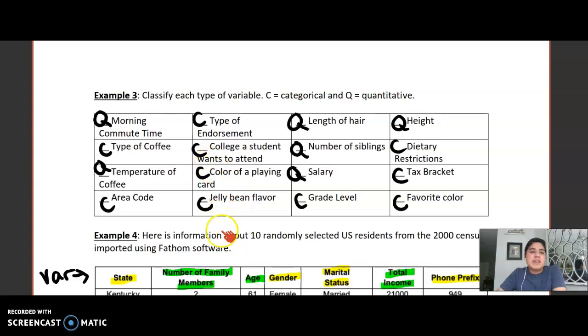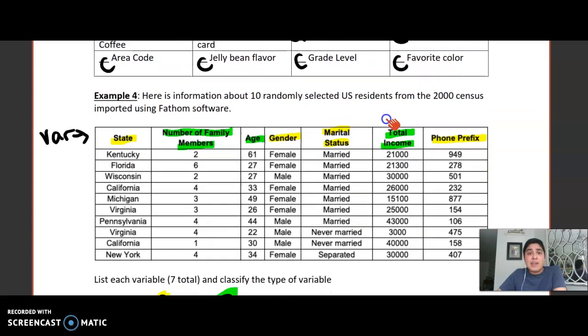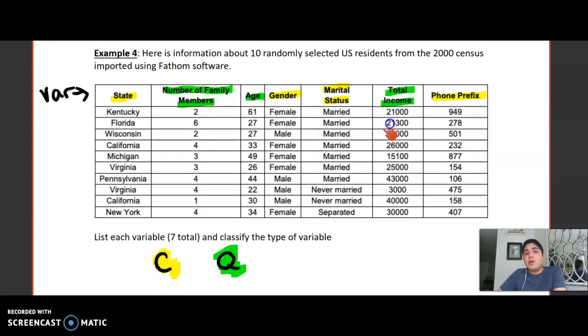Our quantitative variables were things like morning commute time, temperature of coffee, the number of siblings, your salary, your height. Whereas some categorical data included your type of endorsement, your type of coffee, your area code, your jelly bean flavor, favorite color, your tax bracket, any dietary restrictions, etc. So again, just ask yourself, can you take the average, or are you counting the amount of responses?